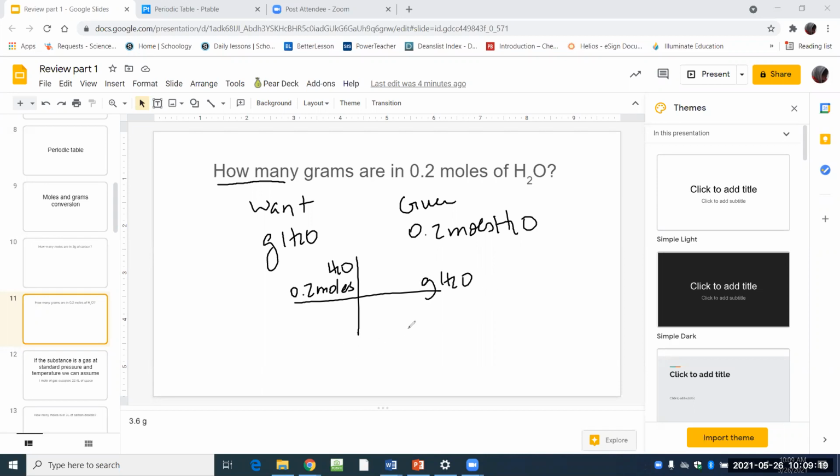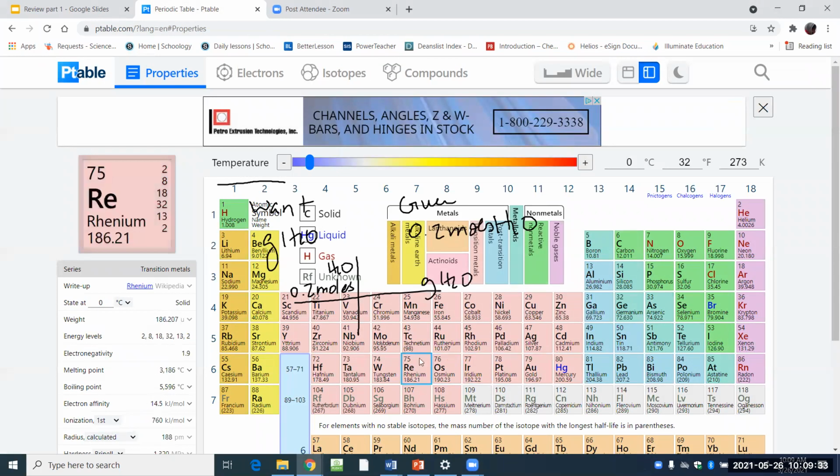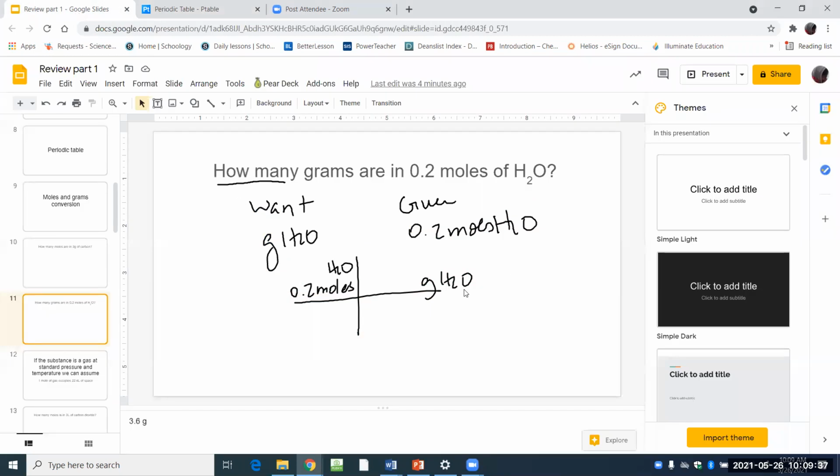Okay, and the next step here, I need to go to the periodic table and find the molar mass of water. Now I guarantee that at least a couple of people would be inclined to spend the entire time looking for water as an element. And I will be like, hey, realize that this is an atom. This is an atom.